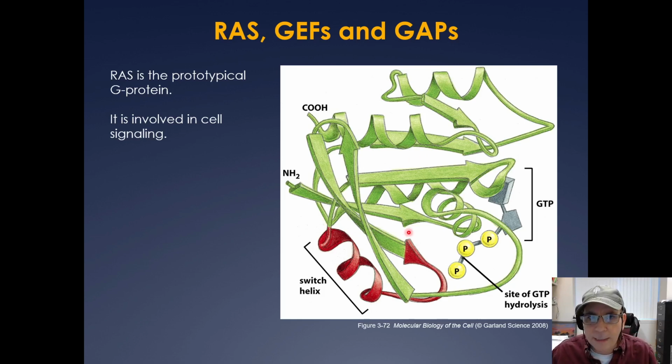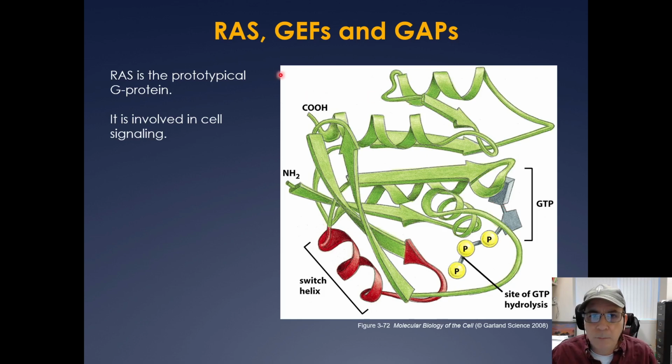And so in the case with RAS, there are mutations in RAS that will lock it in its GTP bound form, okay? So basically the protein is always active, and that leads to aberrant cell signaling within the cell, and so then the cancer cells just continually proliferate.